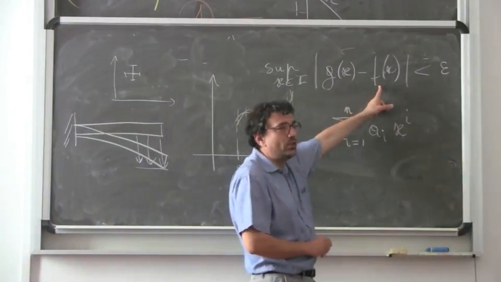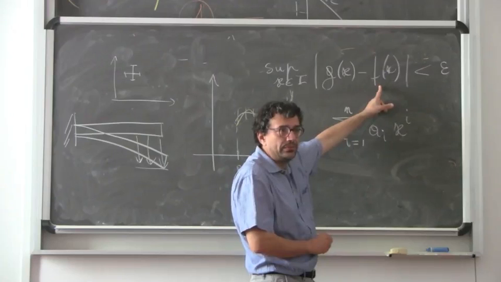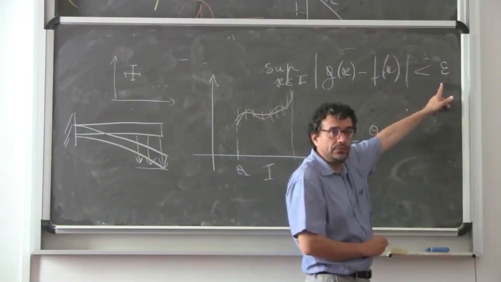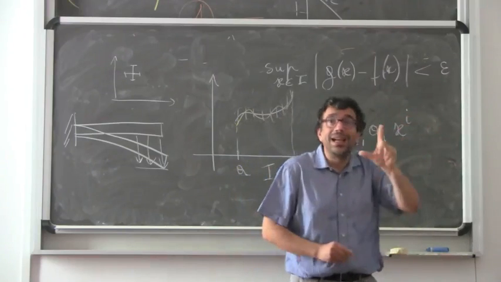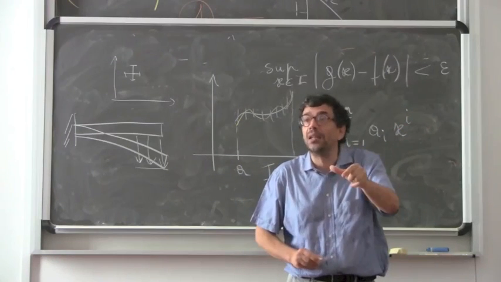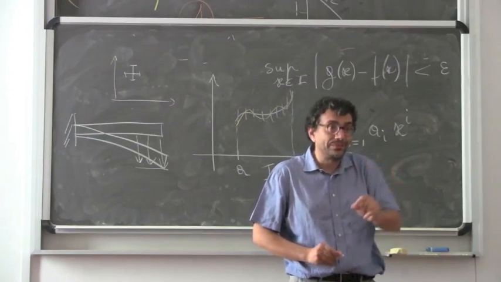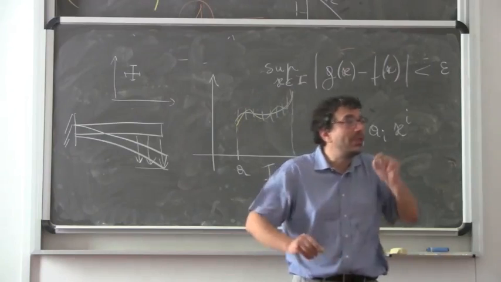Given a continuous function f and given an epsilon, can I find a polynomial which is close to f by less than epsilon?